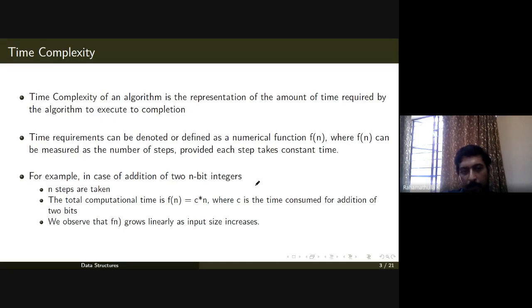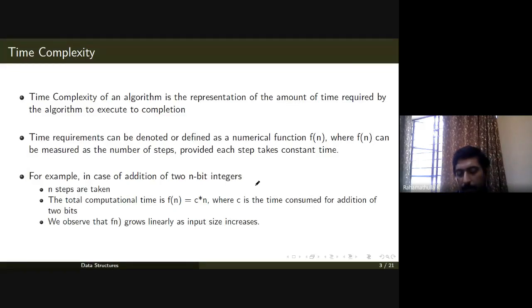In this lecture, we'll be talking more about the time complexity of the algorithm. The time complexity of the algorithm is the representation of the amount of time required by the algorithm to execute to completion. So the total time taken, that is what the time complexity of the algorithm is.